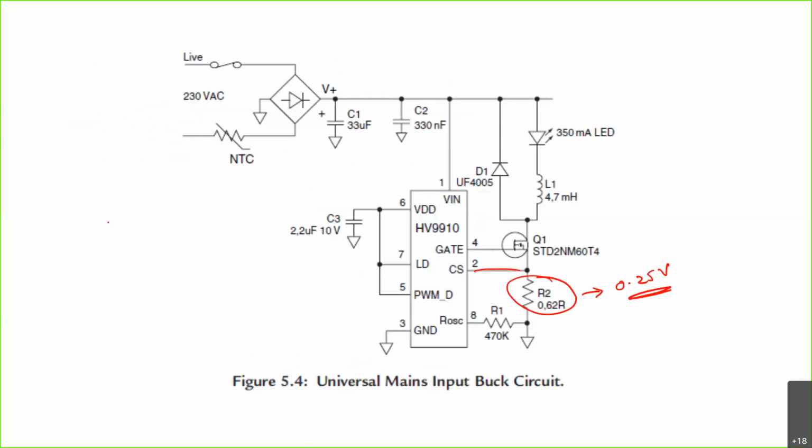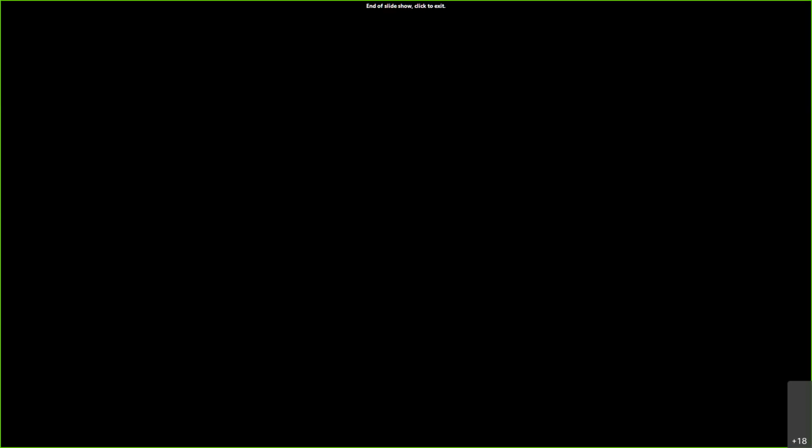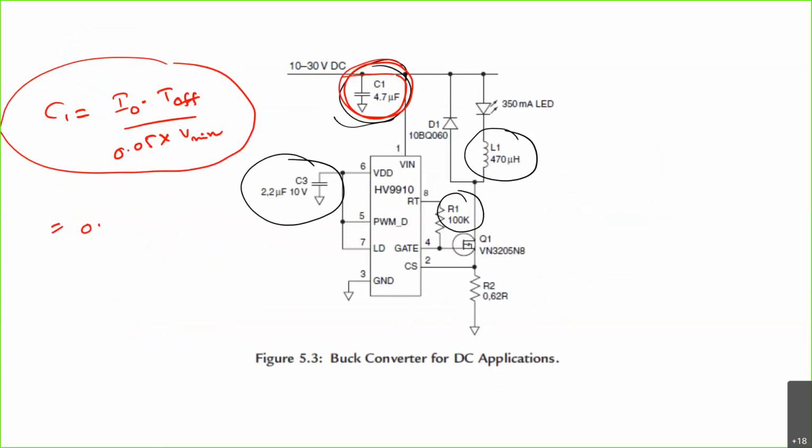Substituting I naught: what is the current? We assumed 0.35 or 350 milliamperes, and the off time is this much. And what is V minimum?